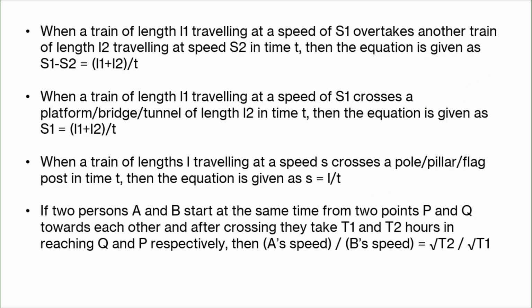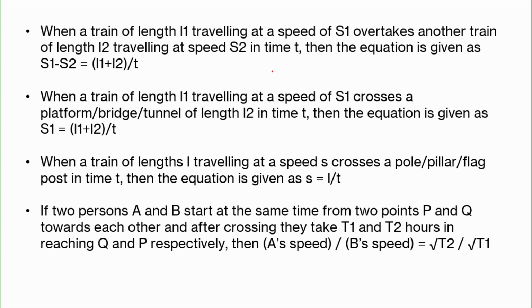Now, coming to the next one: the train of length L1 travelling at speed S1 overtakes another train of length L2 travelling at speed S2, meaning both are travelling in the same direction. Previously they crossed, which means they were travelling in opposite directions.